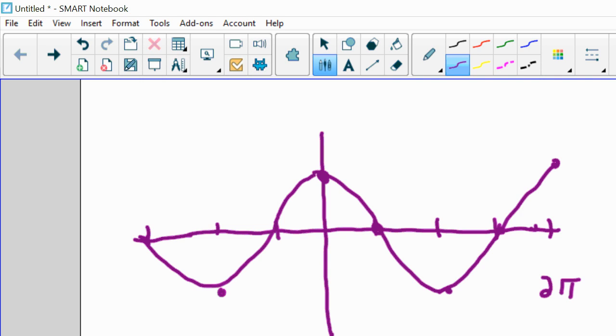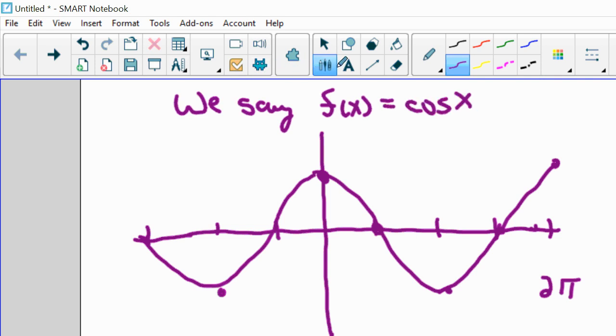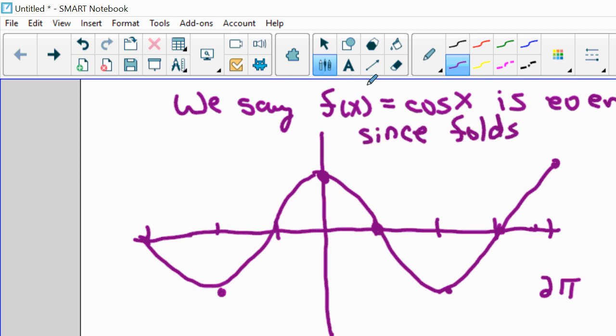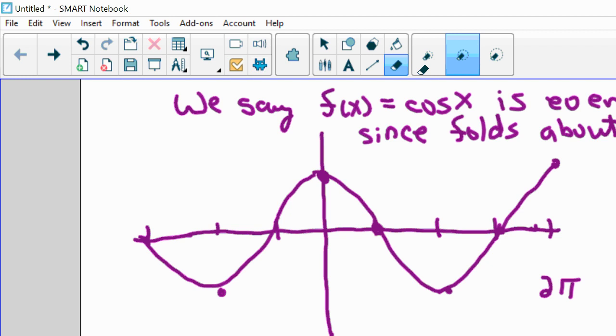We say f of x equals cosine x is even, since it folds about the x-axis. Excuse me, that'd be the y-axis.